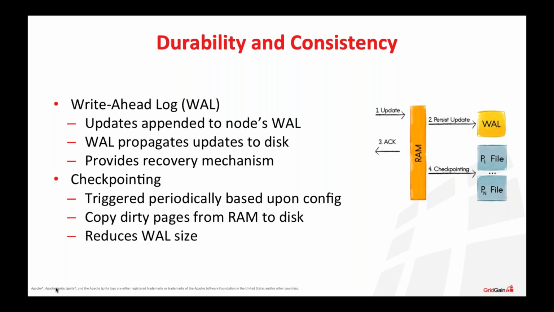Secondly, the update is appended to the write-ahead log, which I previously mentioned. This gives us a recovery mechanism in case things go wrong. In the next step, point 3, the node sends an acknowledgement to the update initiator confirming the success of the operation. And then finally, there's checkpointing that's done periodically.